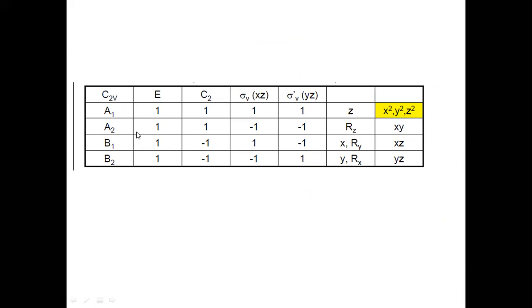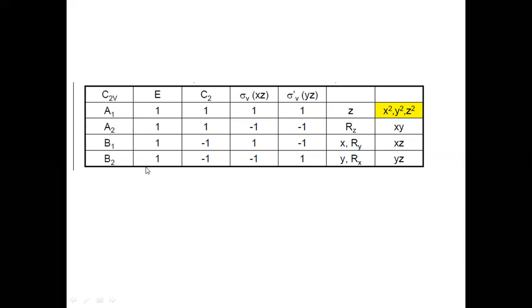In the same way, if I take the example of the A2 representation, again 1 into 1 squared plus 1 into 1 squared plus 1 into minus 1 squared, again it is positive, plus 1 into minus 1 squared, and again it is equal to 4, that is the order of the group.